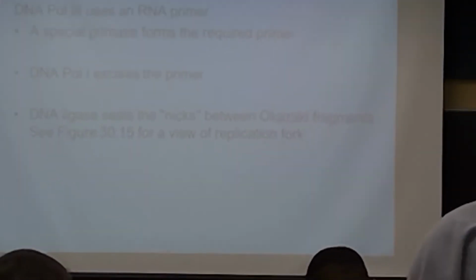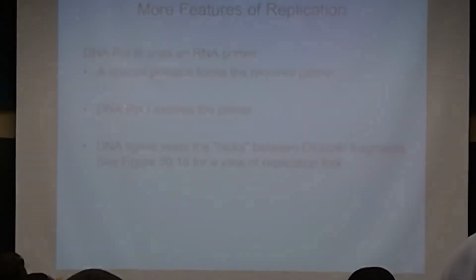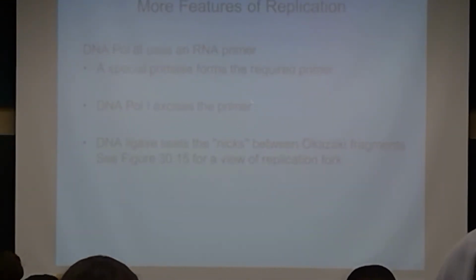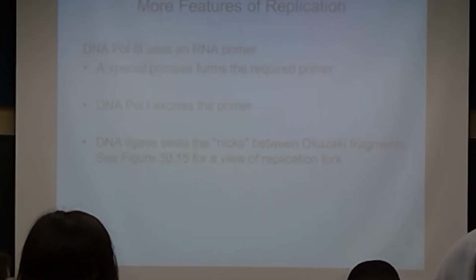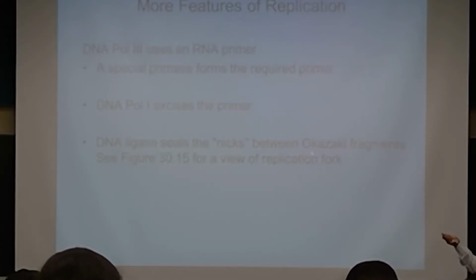DNA pol 3 uses the RNA primer because that's where it is synthesized. A special primase forms the required RNA primer. Pol 1 excises this primer. Does it make sense? DNA ligase seals the nick between Okazaki fragments. So you have removal of the RNA primer, nick translation, which is gap filling, correct?